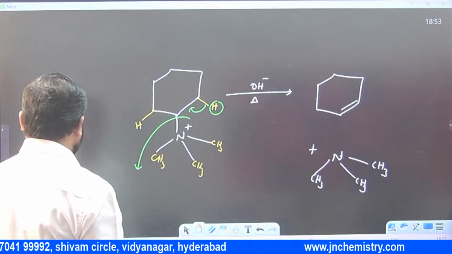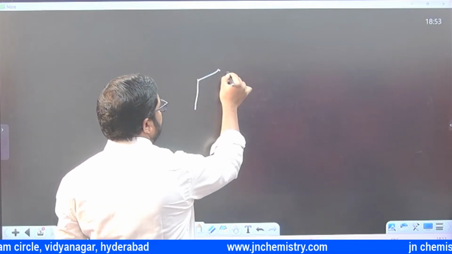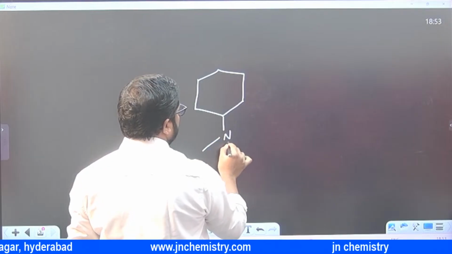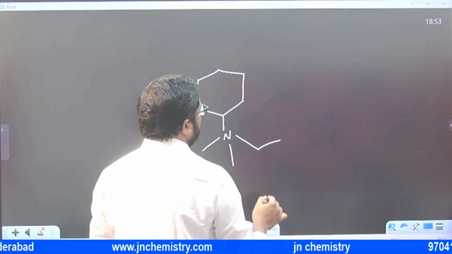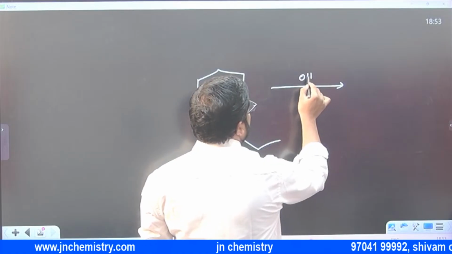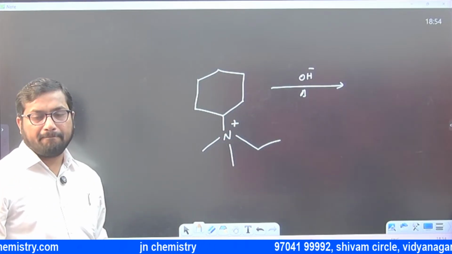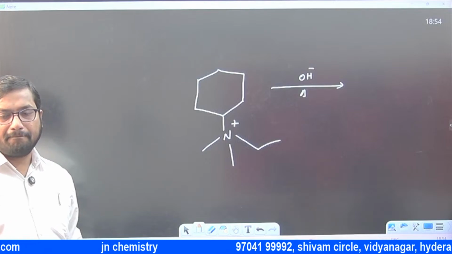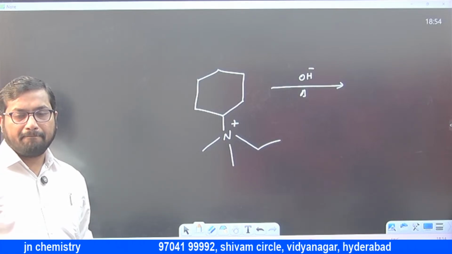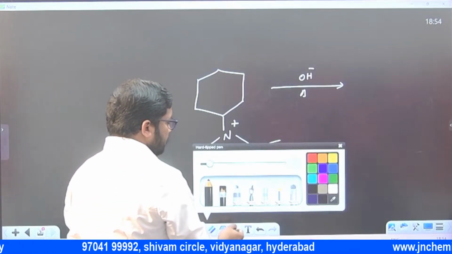Done? Now this product. So let me know the product. Here there are two beta hydrogens.